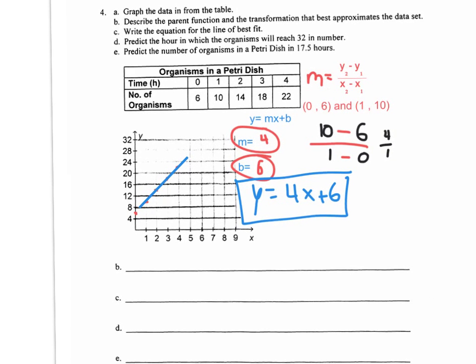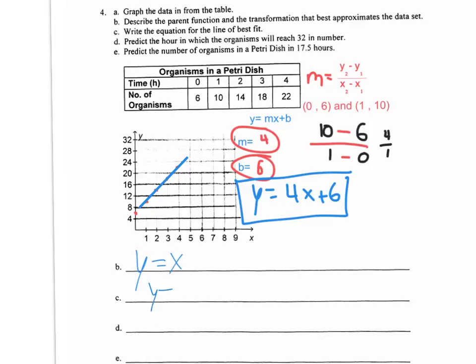Okay, so part B says describe the parent function and the transformation. Well, for part B, we know that the parent function is y equals x. But before we even describe the transformations, let's actually state the line that best fits, which is step C right here. Write the equation of the line that best fits. Let's write that down here.